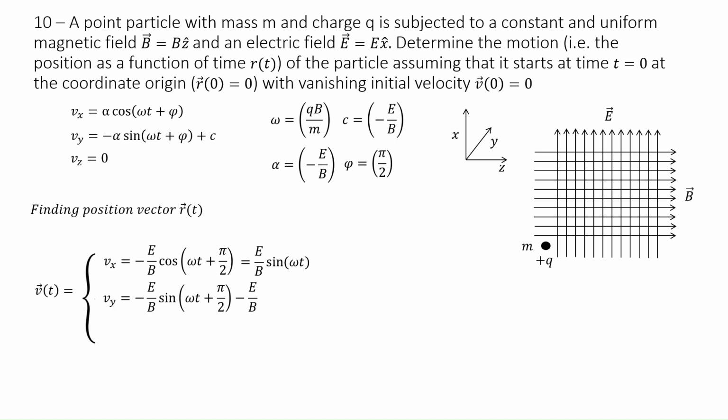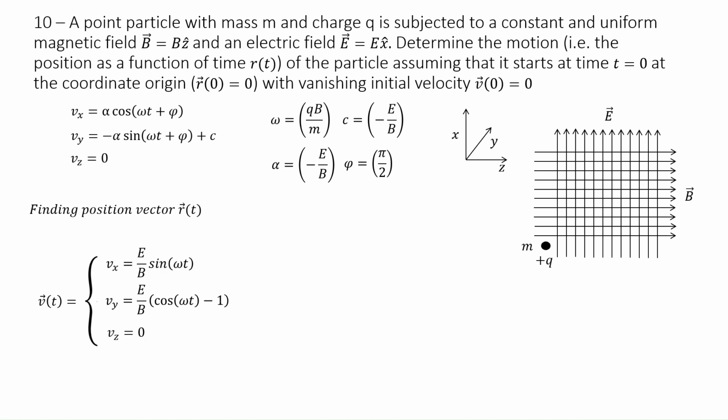And we also have Vy equals minus E over B sine(omega t plus pi over 2) minus E over B, which we can simplify as this, and simplify again as E over B (cos omega t minus 1), and our Vz is simply 0.